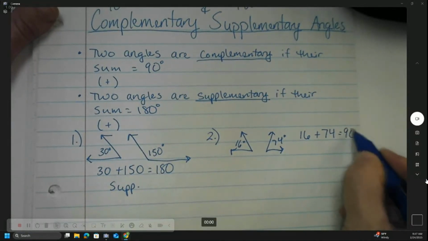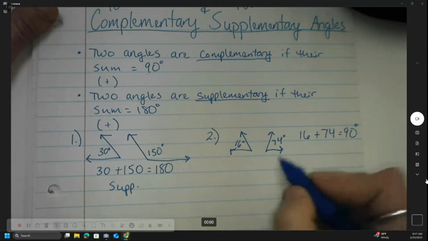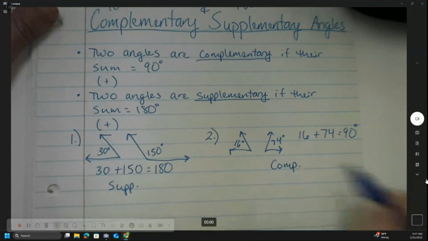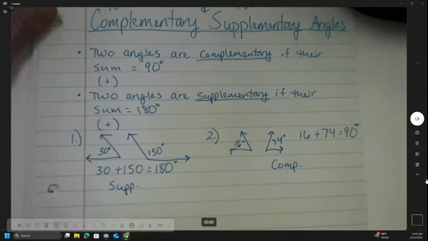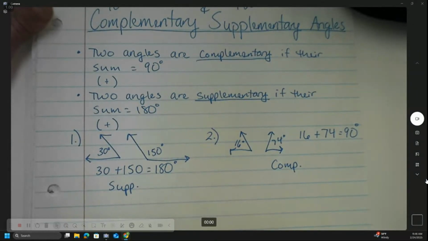Hey, I think that equals 90 degrees, which equals complementary. These two angles are complementary because 16 plus 74 is exactly 90 degrees, not 91, not 89, or else they're not complementary nor supplementary. They have to equal exactly 180 degrees or exactly 90 degrees to be either comp or sup.